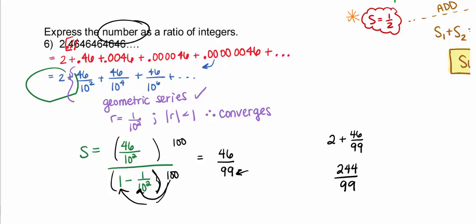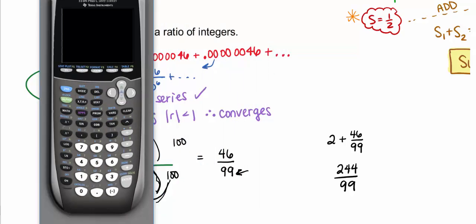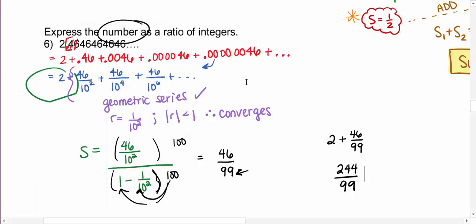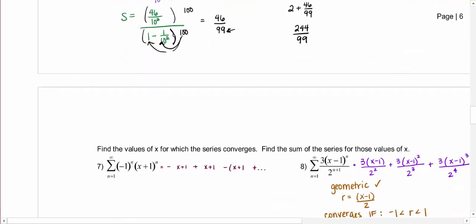And if I check that, I can drag in a graphing calculator here, and I can say, okay, 244 divided by 99. I want to make sure I did my computation in my head correctly. Yep, and there it is, rounding that very last decimal for us, whether we think that's helpful or not. Okay, so that's how you can turn a number into that ratio of integers.